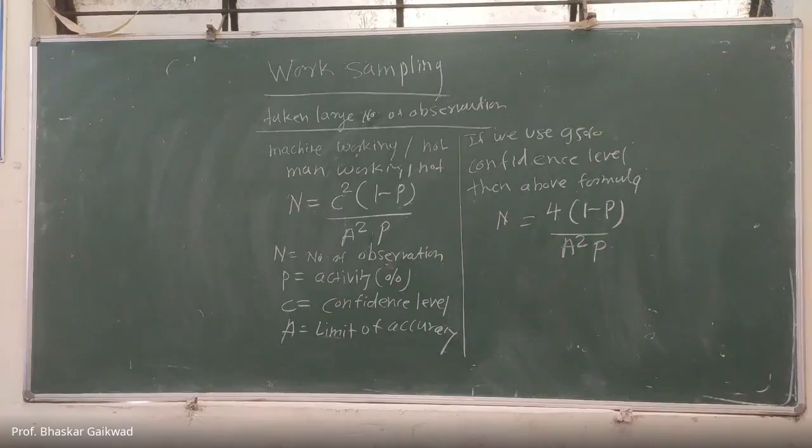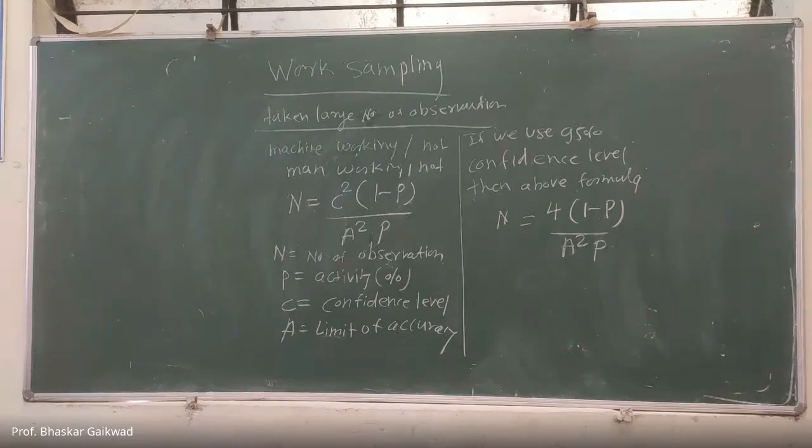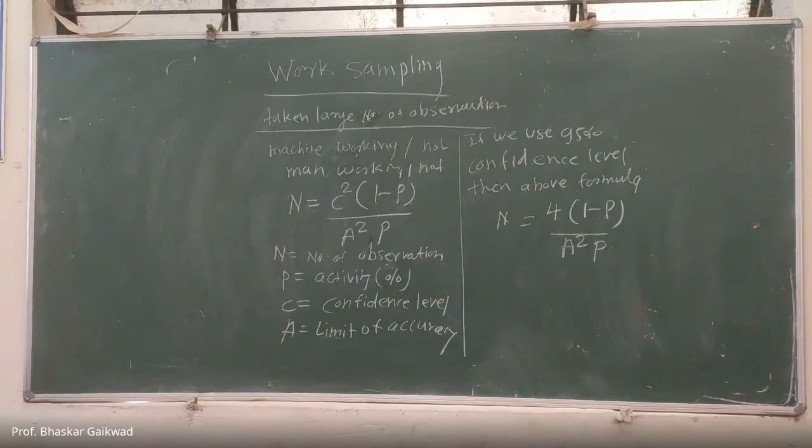It is one of the work measurement techniques in which a large number of observations are taken, and from this we can determine how many times a machine or man remains in working condition and how many times that person remains idle. You get this through work sampling. We can use this technique whenever mass production or continuous production is there.